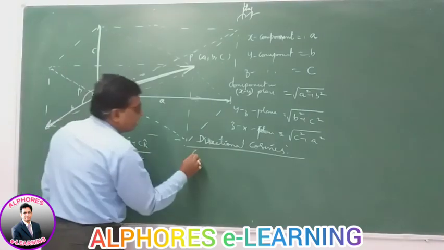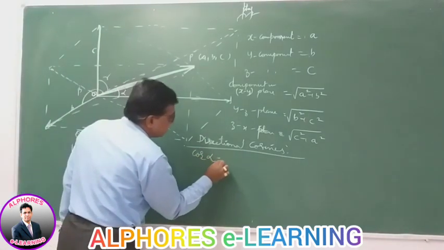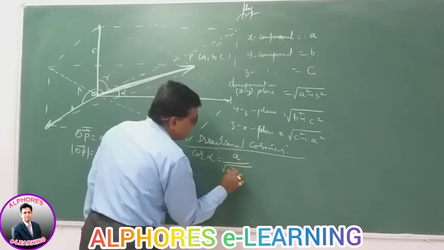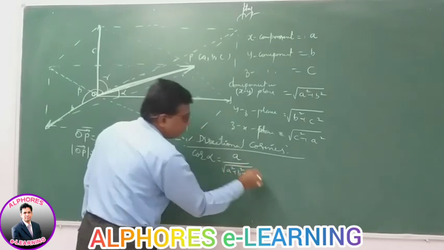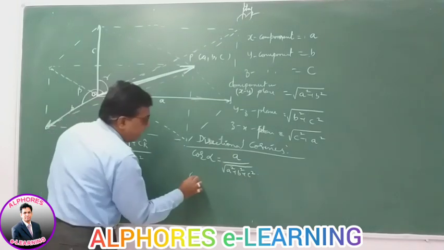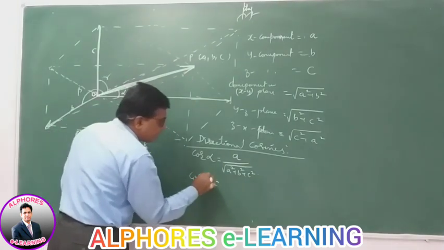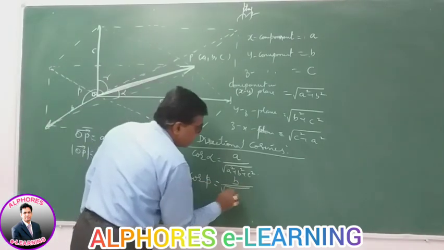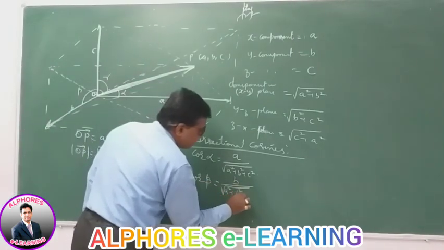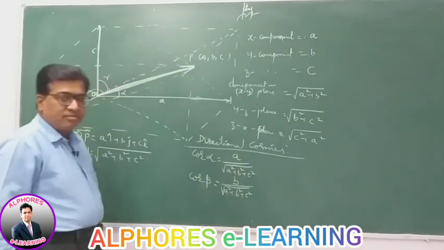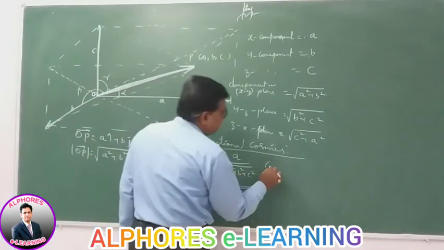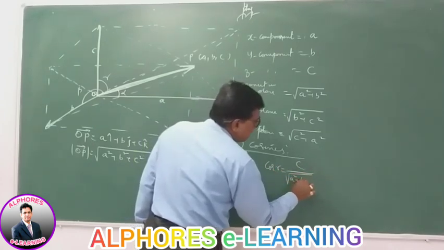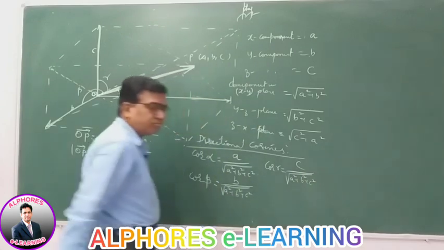Then cos alpha is a by under root of a square plus b square plus c square. Cos beta is b by under root of a square plus b square plus c square. Cos gamma is c by under root of a square plus b square plus c square.